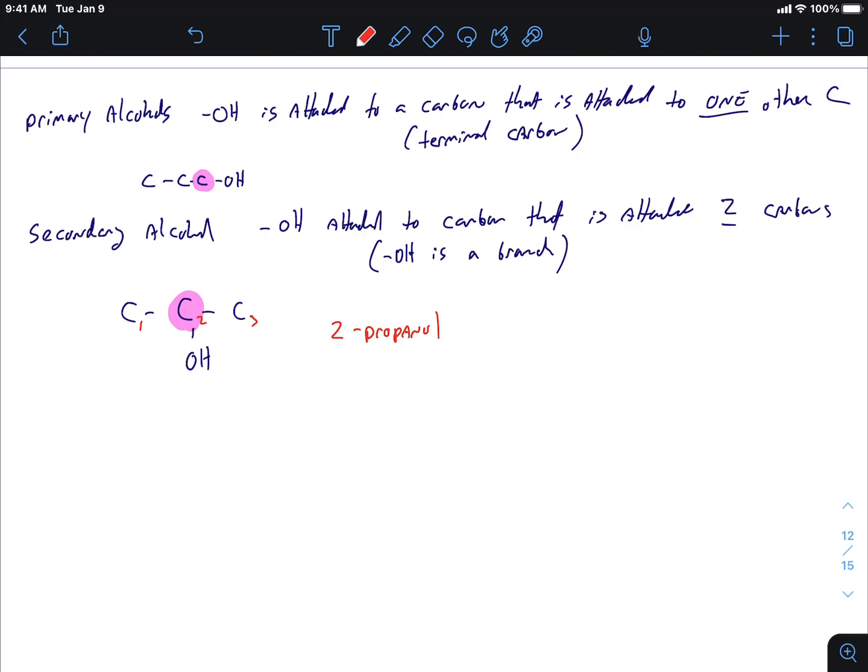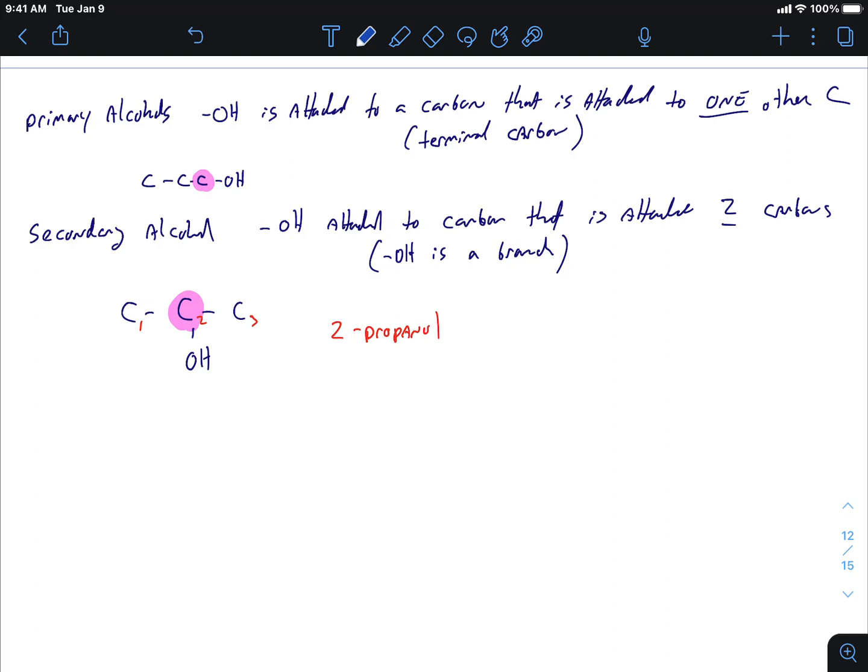That makes sense? Okay. Should the unlikely event arise where you have an alcohol as a branch and you have another, like a methyl or ethyl or propyl branch attached, you would give priority to the functional group for the lower carbon number.